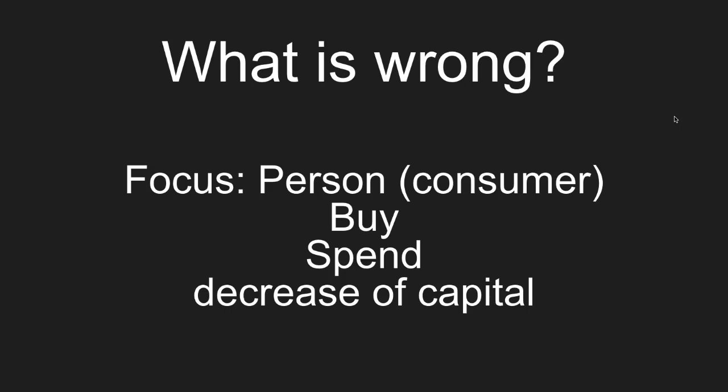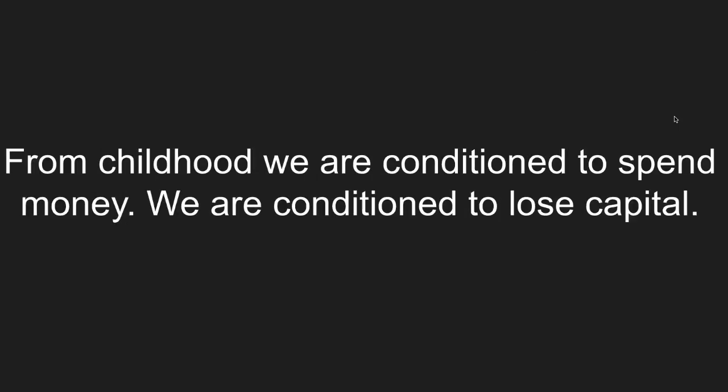Using these keywords to buy, to spend, will consequently lead you to a decrease of capital, okay? So since we are very young, since we are still kids, we are conditioned to spend money, okay? From childhood, we are conditioned to spend money. We are conditioned to lose capital. Even though you don't realize, in your subconscious, you're being conditioned to do that.